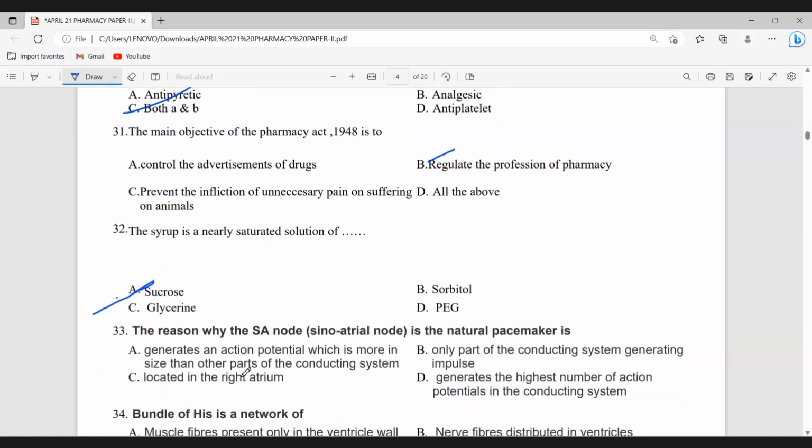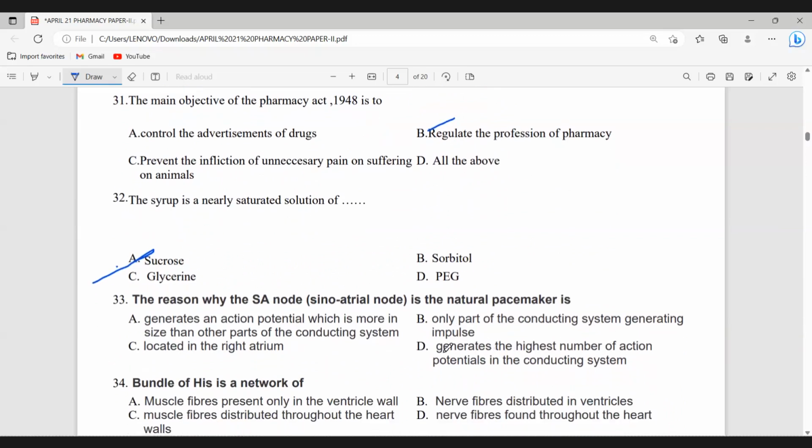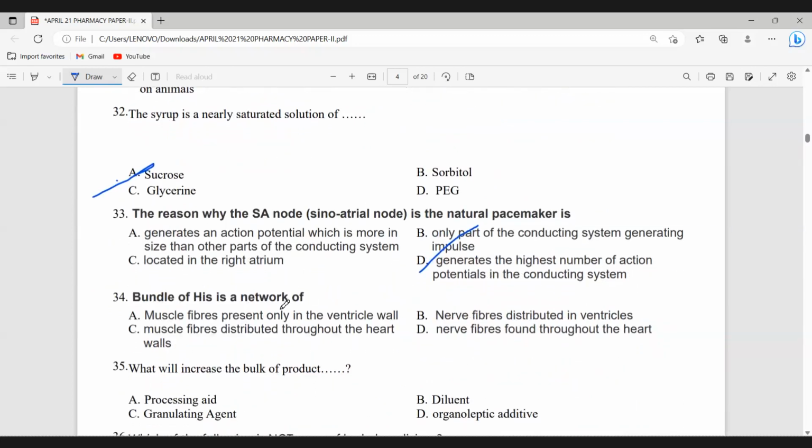Then 33. The reason why SA node is a natural pacemaker. I need the answer from you. Yes, correct. Option D is correct. Then bundle of His is a network of... I need the answer from you. That is Purkinje fibers distributed in ventricles.